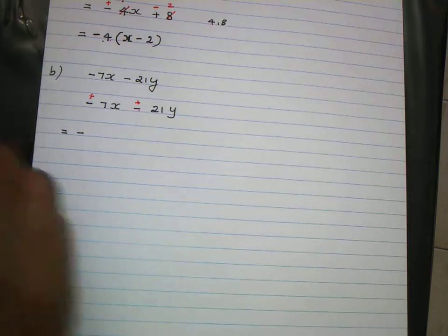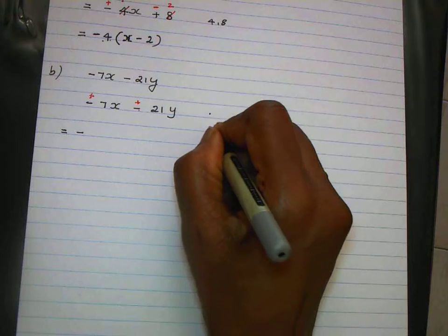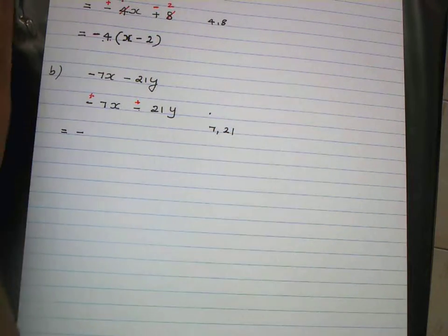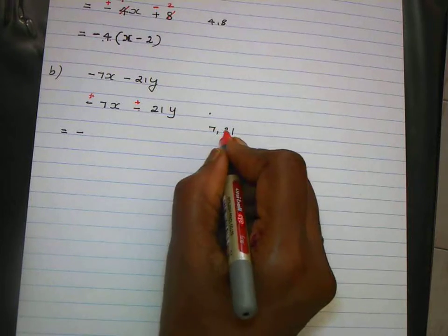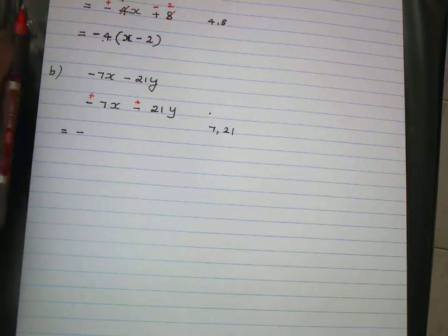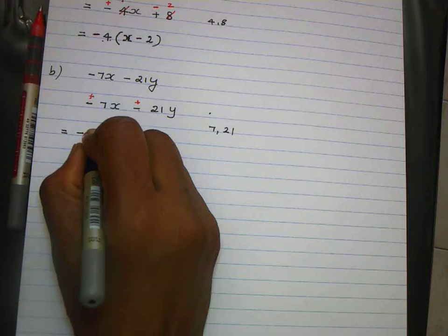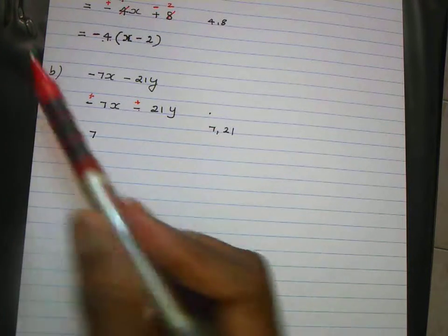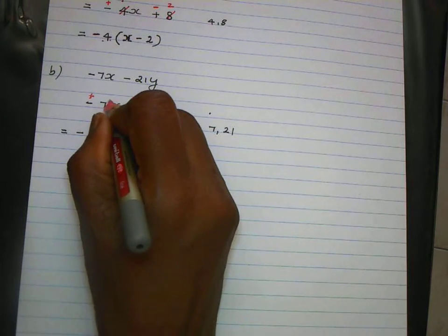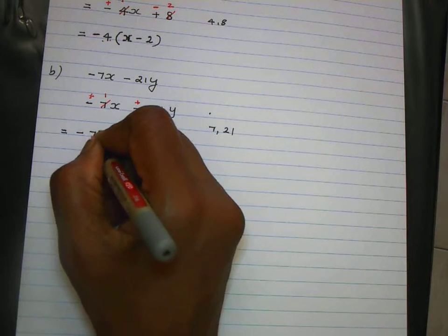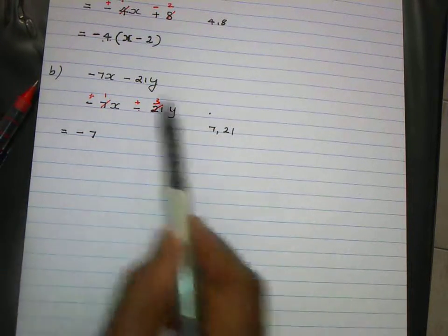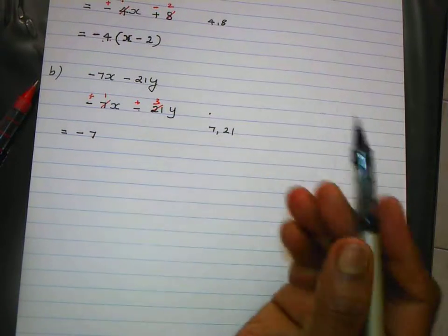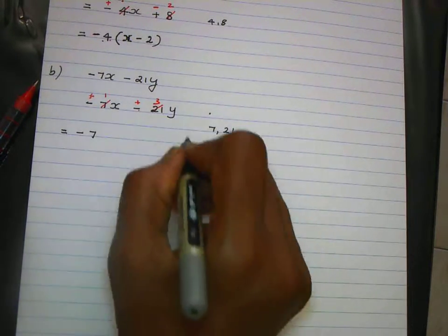Then I have to consider the number part, which is 7 and 21. Okay, 7 goes into both 7 and 21. So I'm taking 7 outside. Now when I take 7 outside, 7 goes into 7 once, 7 goes into 21 three times. Now when you look at the pronumeral part, there is nothing common, so I'm going to leave them as it is.